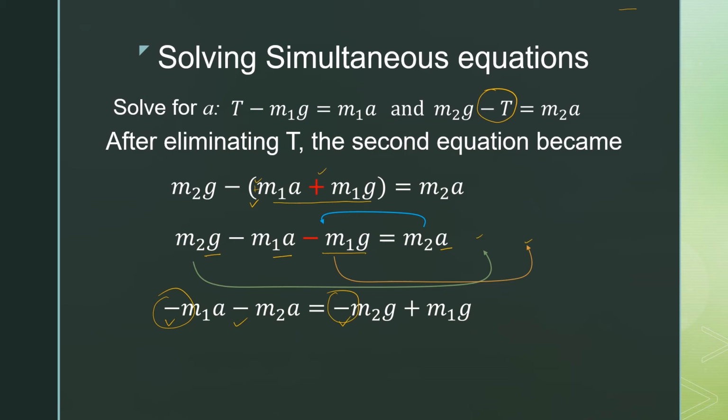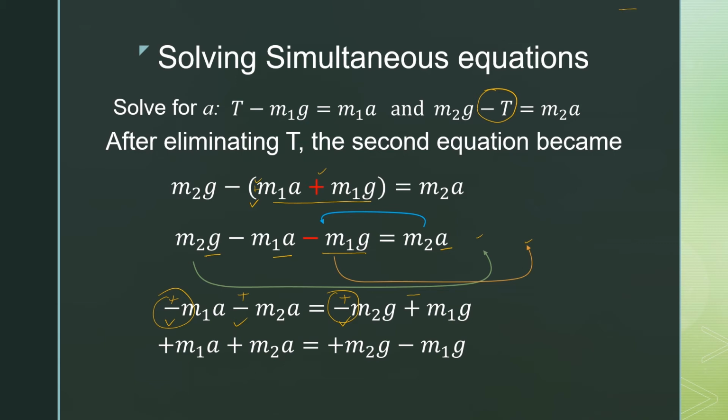To do that, I can multiply both sides of the equation, meaning each term, by a negative sign, which changes the sign of all the terms. So this negative becomes positive, this becomes positive, this becomes positive, but this being already positive, it becomes negative. Okay, so that's why the result looks like this.